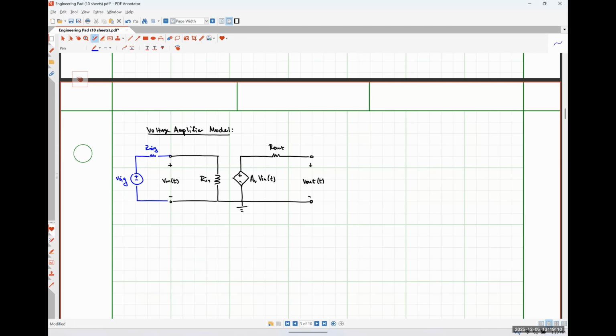And on the output side of things, here's some load resistance, right? I literally just have another voltage divider circuit, okay? So if I want my output signal to just be a scaled version of my input signal, then I want R out to be as small as possible so that there's not a voltage drop across that little resistor, so that all of the output voltage gets applied to my load. So that's why we want the input resistance to be as large as possible, and the output resistance to be as small as possible.